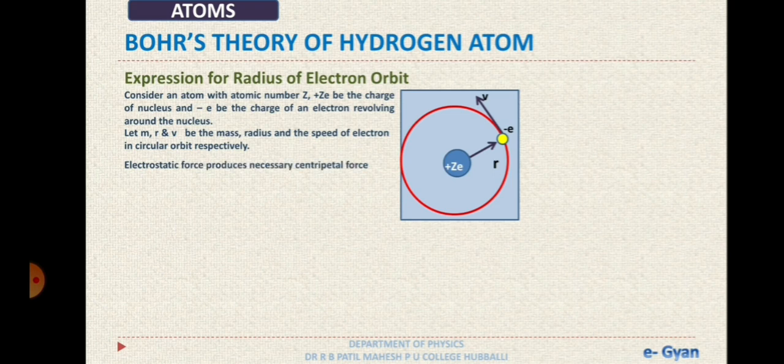Now, what makes an electron stay in the stationary orbit? It is the electrostatic force. This electrostatic force produces the necessary centripetal force.